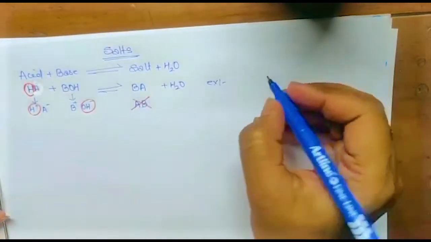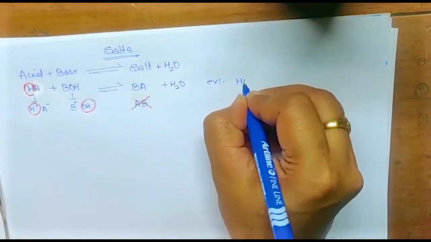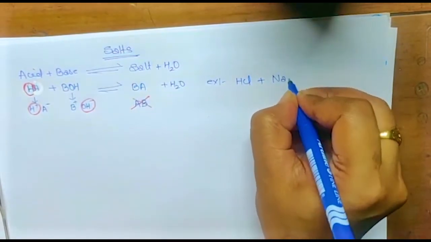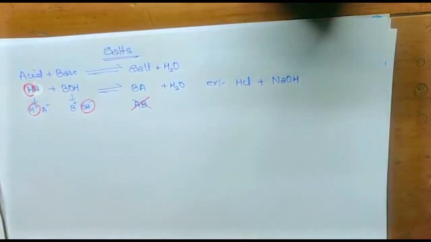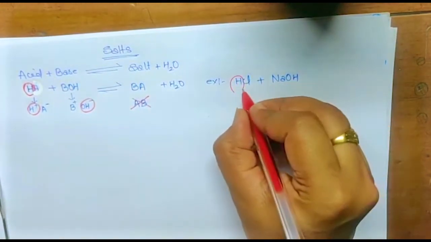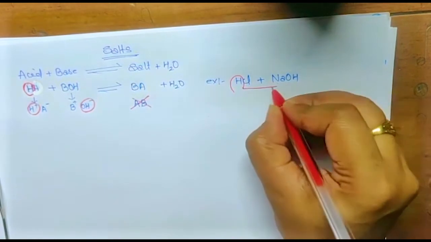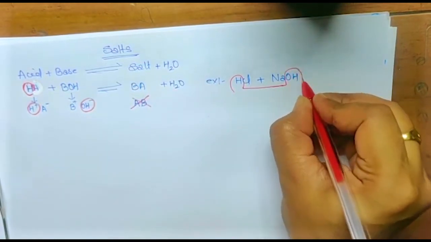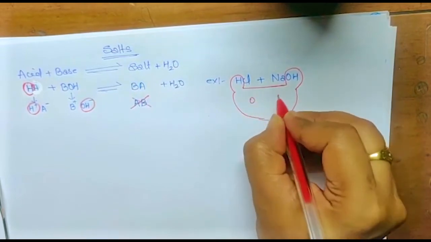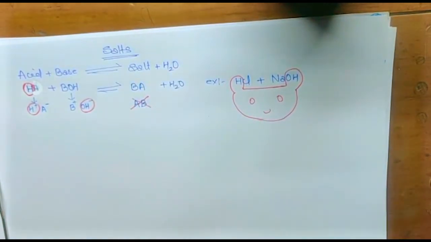Let me write one with an example. Suppose I am writing HCl and NaOH. So what will happen? This H plus will come over from here, and this OH minus will come from here, and then it will come out as water, isn't it?